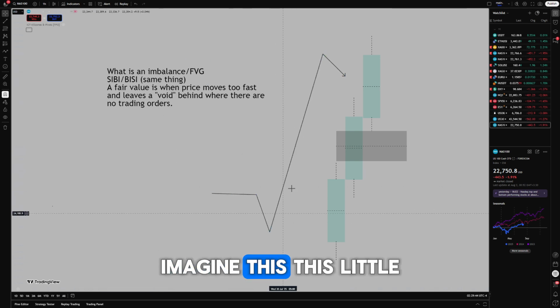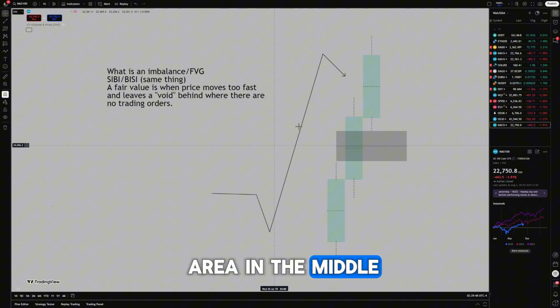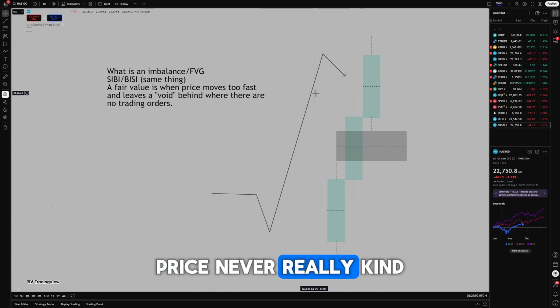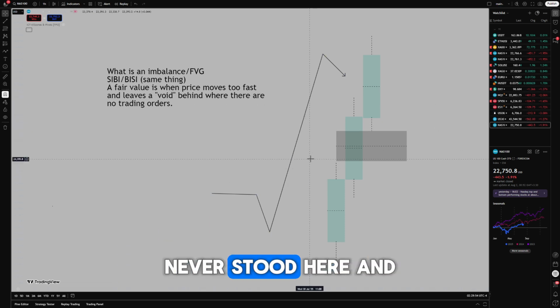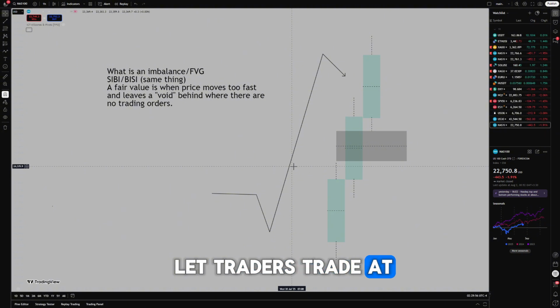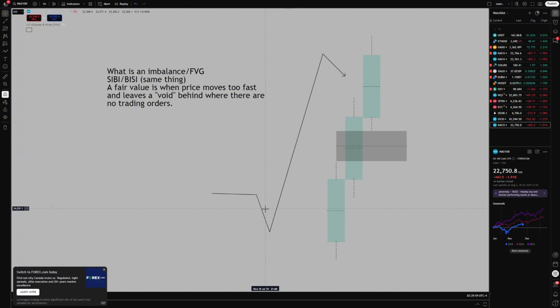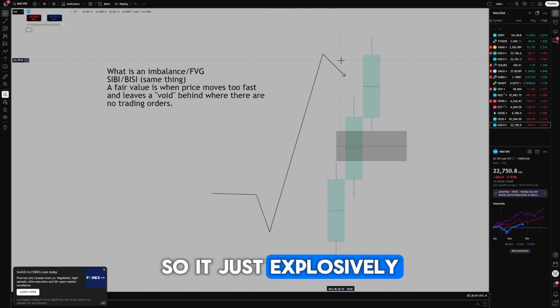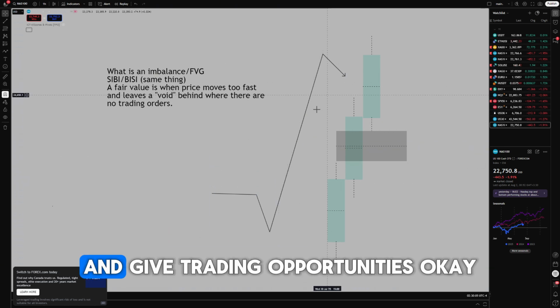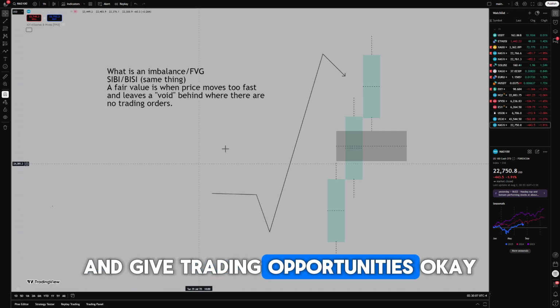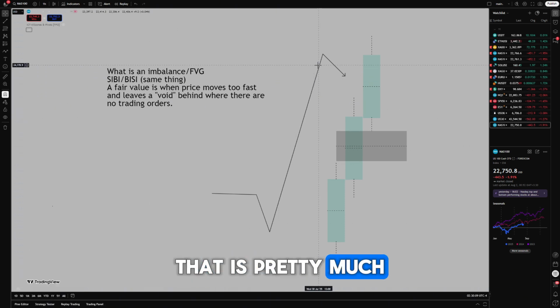Imagine this little area in the middle, price never really was within. Price never stood here and let traders trade at that price, so it just explosively moved higher. Price has to come back into this range and give trading opportunities. That is pretty much what a fair value gap is.